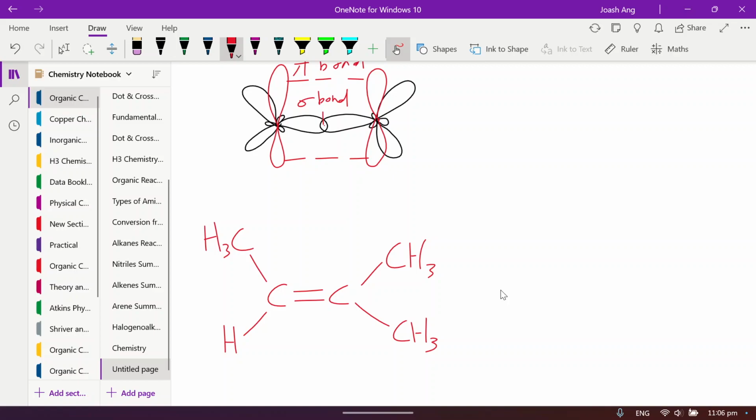That is why they are much more able to readily react with the nucleophilic alkene. So this is concentrated H3PO4.